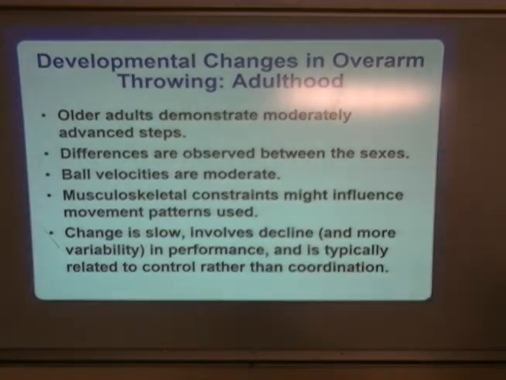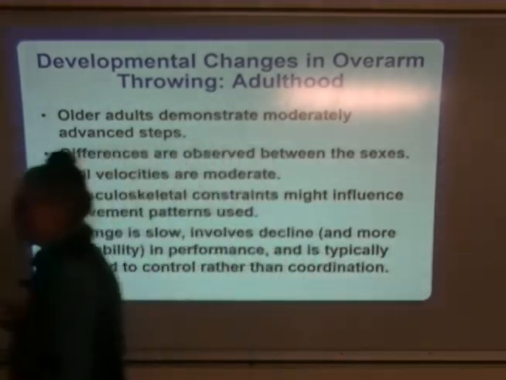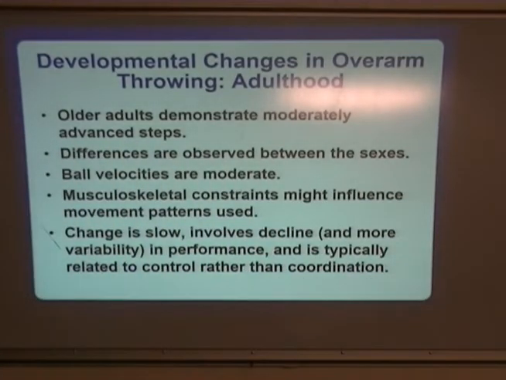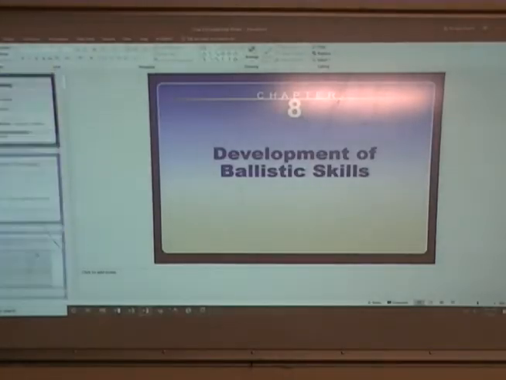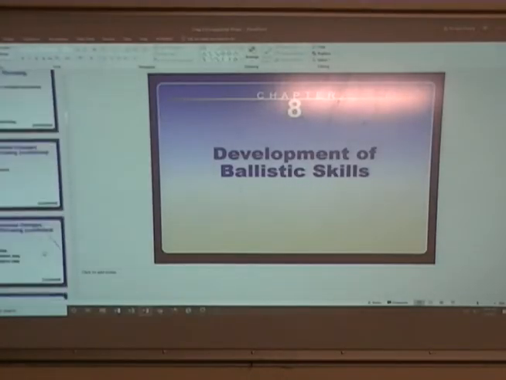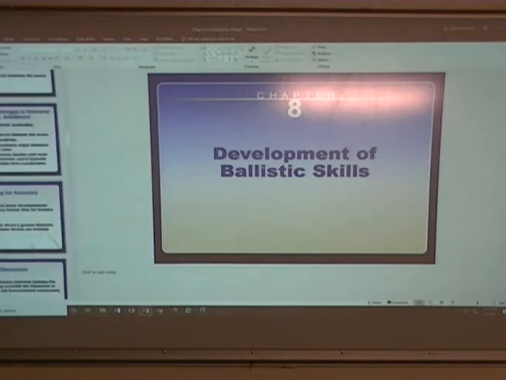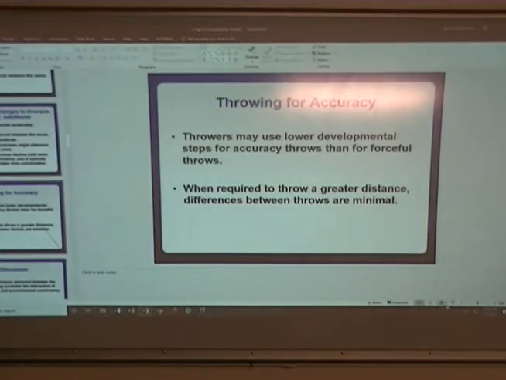Okay, now comes a very interesting tweak, right? What happens when I change the goal of the movement, from throwing for force to throwing for accuracy?